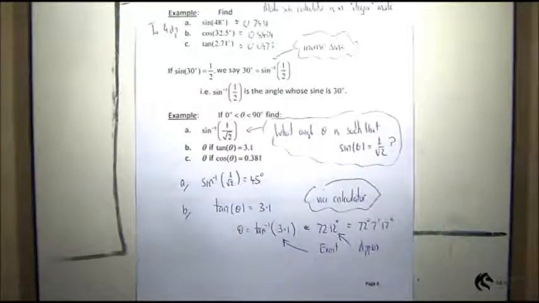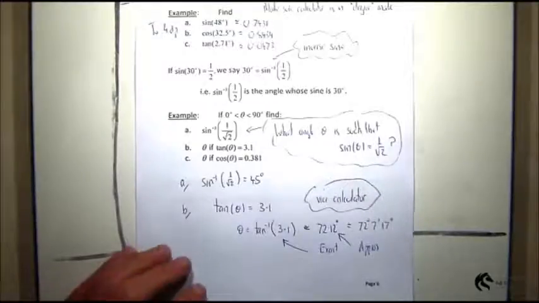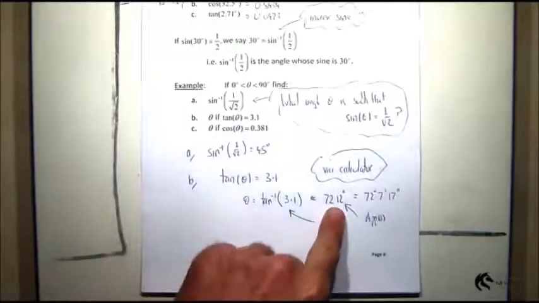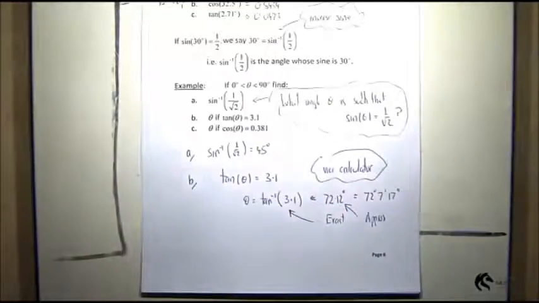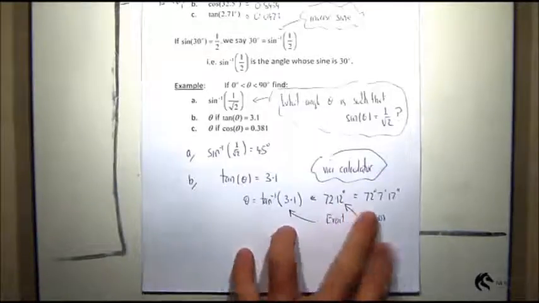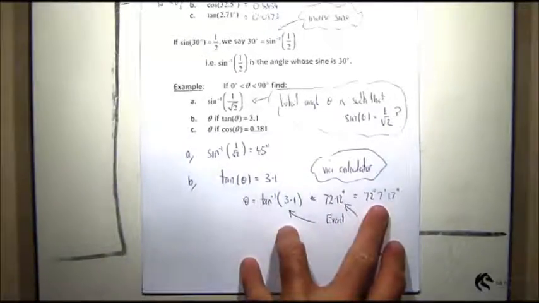Question? So how many minutes are in a degree? 60. 60 minutes in a degree, 60 seconds in a minute. I think most of the time, I'm happy just to have decimal degrees. I imagine that your calculator also has a button on it that swaps from decimals to minutes and seconds.